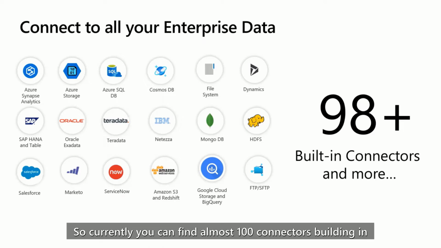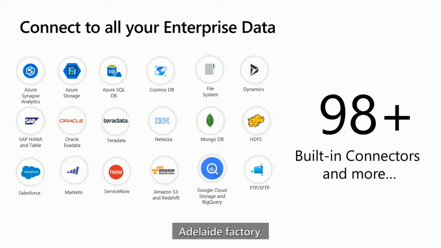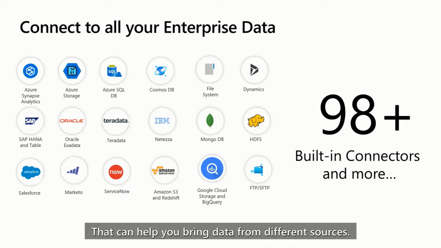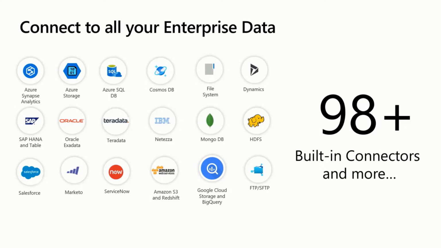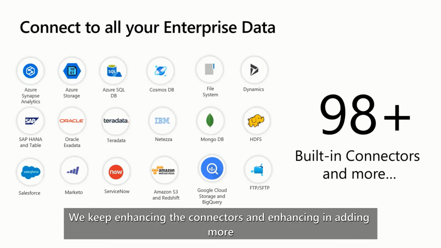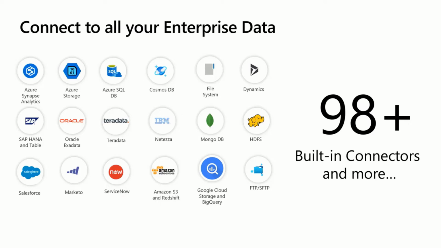So currently, you can find almost 100 connectors built in Azure Data Factory that can help you bring data from different sources. You can find the latest supported connector list and capabilities in both the documentation and also in the ADF authoring UI. We keep enhancing the connectors and adding more connectors into the service.